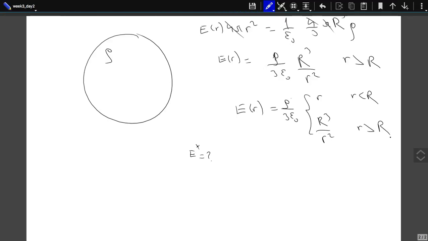Now what happens when r is on the surface? If I'm on the surface, both of them give the same answer anyway. The electric field is continuous. So I just pick any one.